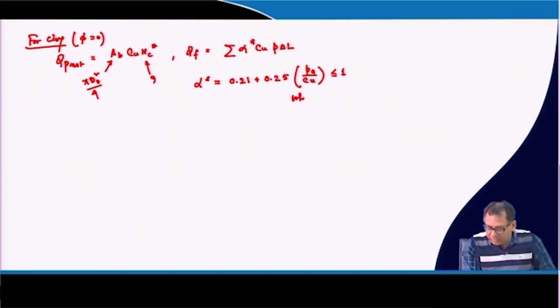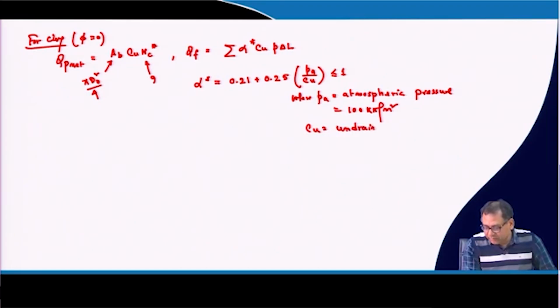Here P A is equal to atmospheric pressure, which is basically 100 kilonewton per meter square, and Cu is the undrained cohesion, which is also in kilonewton per meter square.